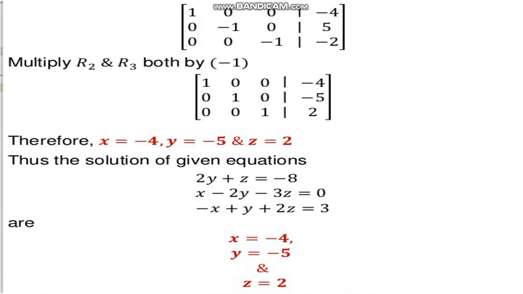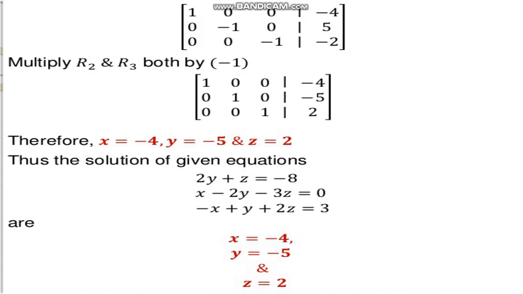So we take the common factor from row 2 and row 3, or we multiply row 2 and row 3 by -1, and finally we get 1, 0, 0, -4, 0, 1, 0, -5, 0, 0, 1, 2.